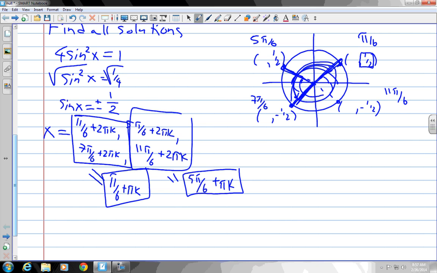Well, because again, the distance between 5 pi over 6 and 11 pi over 6 is just exactly 1 pi, right? The distance between this point and that point. So the rotation is exactly pi. So instead of just going 2 pi around 5 pi over 6 and going 2 pi around 11 pi over 6, I can just jump by a single pi between those two.